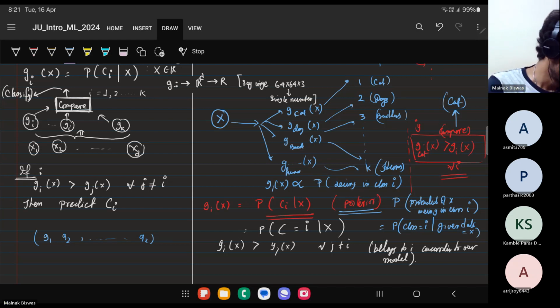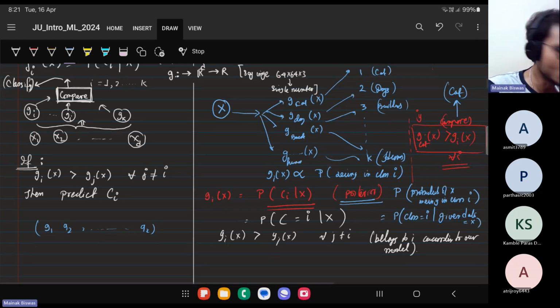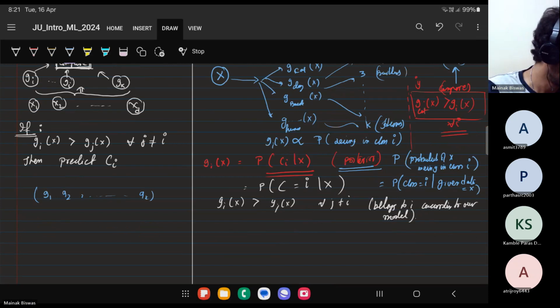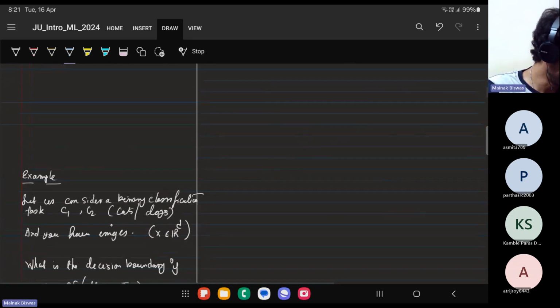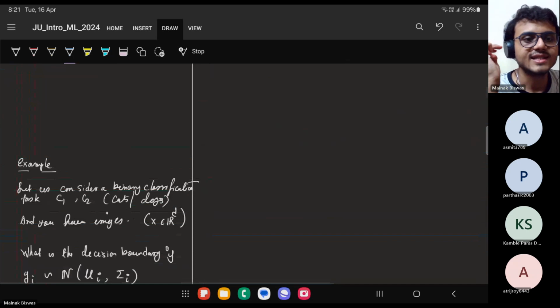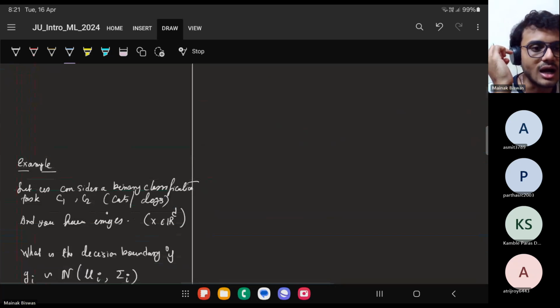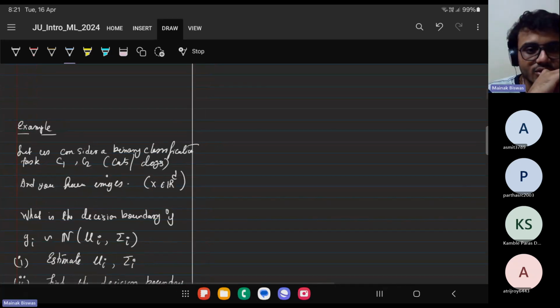Okay. So if that is okay, let's take an example and see. This is the example that I have for you. Let us consider a binary classification task where class 1 and class 2 are cats and dogs, and you have images of these cats and dogs.